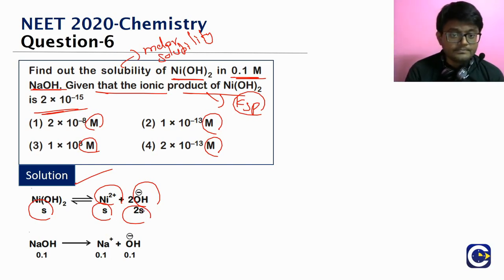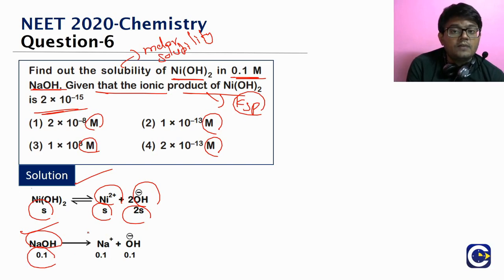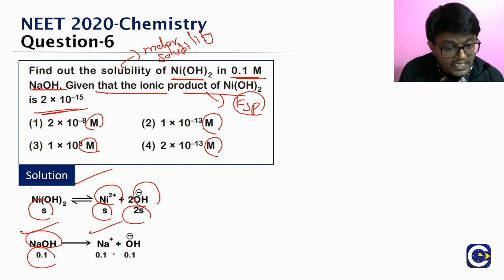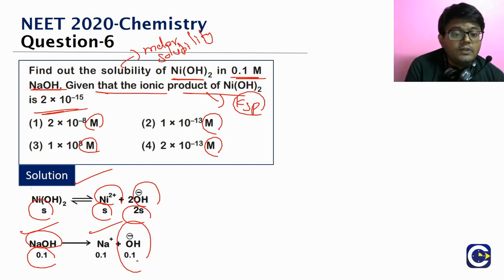Now this is not the solubility of Ni(OH)2 in pure water. We are looking at the solubility in the presence of 0.1 molar NaOH. NaOH is a substance that will be completely ionized, so the entire 0.1 molar of sodium hydroxide will be ionized, giving 0.1 molar of Na+ and 0.1 molar of OH-.